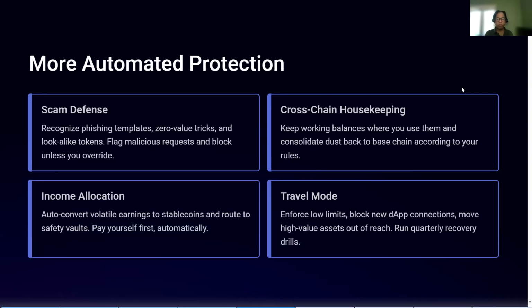If you are traveling, you cannot check your wallet or your cell phone because there is no internet connection. You can put it in travel mode and it enforces the limits that you set during the travel mode. So all those things are possible using this wallet technology, and you don't have to do it manually by yourself.